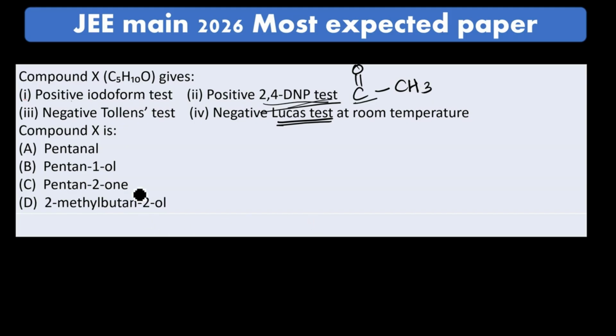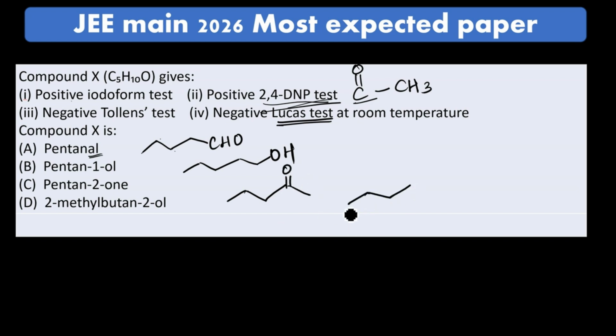So let's check out the options. Pentanal, 1, 2, 3, 4, 5, pentanal, and pentan-1-ol, 5, 4, and pentanone, 2-pentanone, and 2-methylbutan-2-ol, butane 2 and 2-methyl.